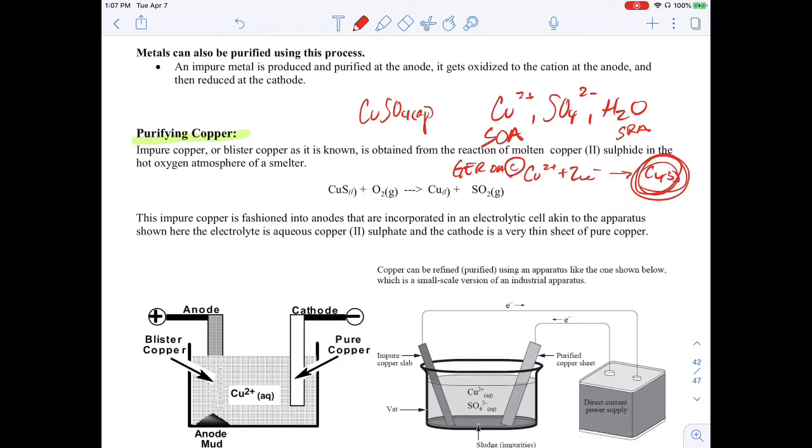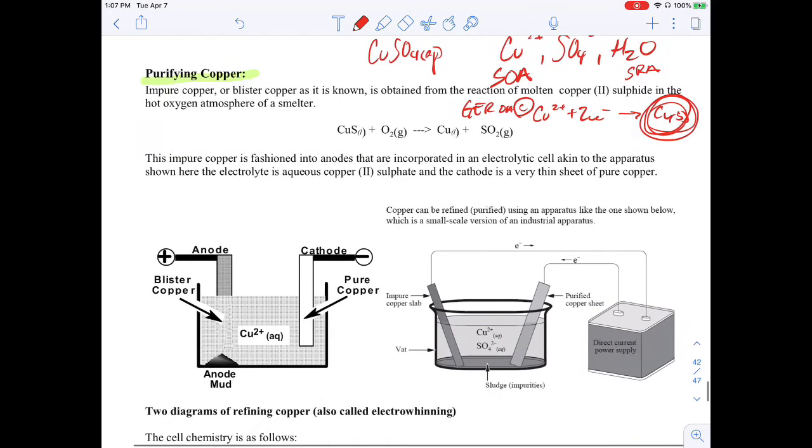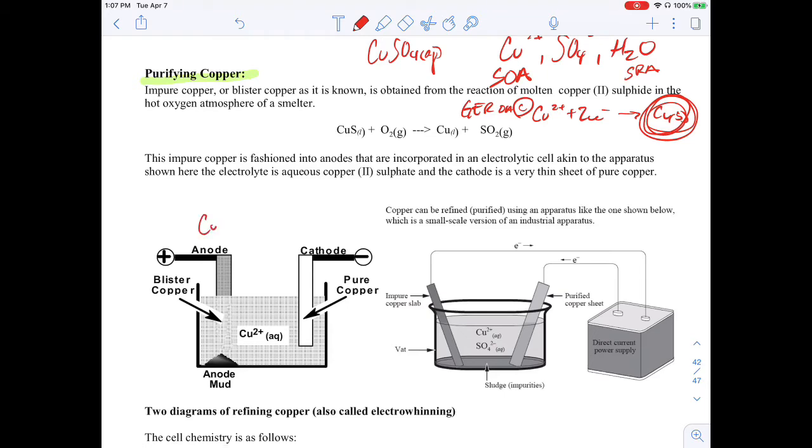So watch that video if you haven't. I tried to show you the copper being collected. But a way to keep this reaction running is if they put copper solid at the anode, and whatever they want to coat, we had carbon here.